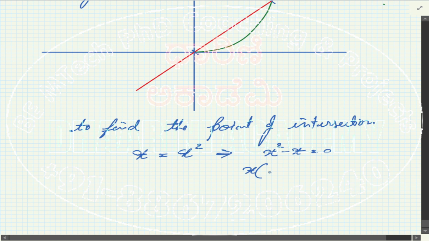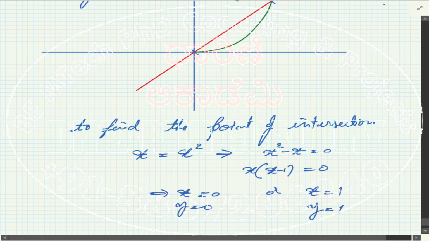So x into (x minus 1) equals 0. So this implies either x is 0 or x minus 1 is 0, so x becomes equal to 1. When x is 0, y is equal to x, so y is also 0, or y is 1.